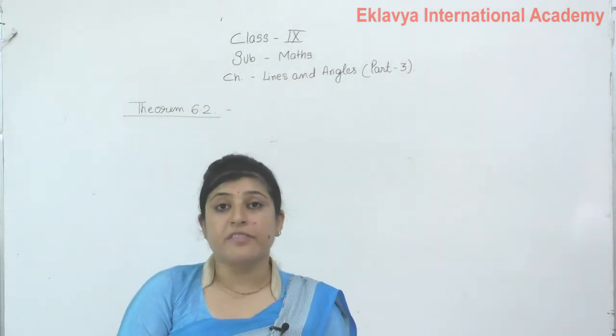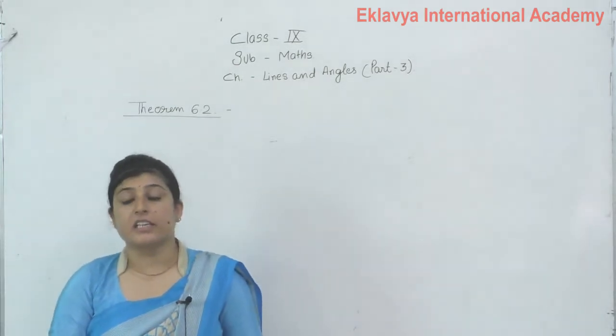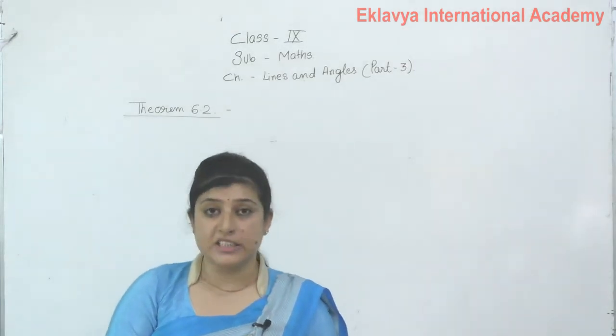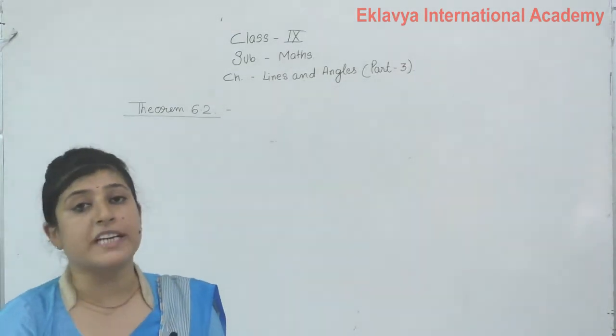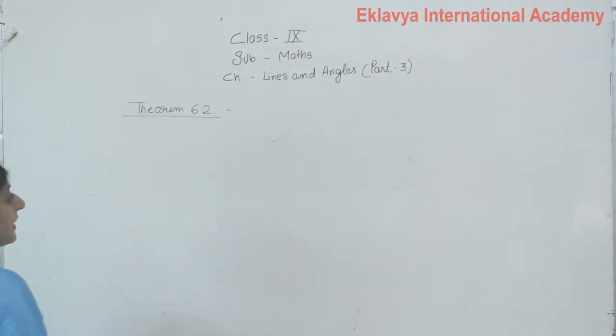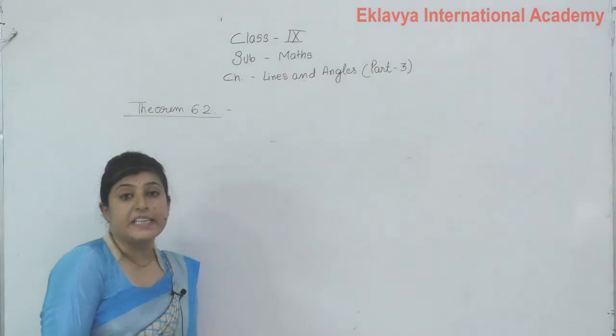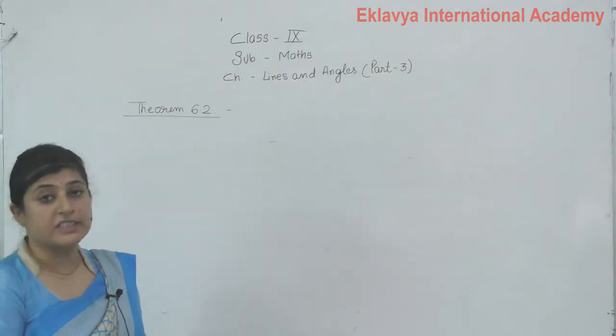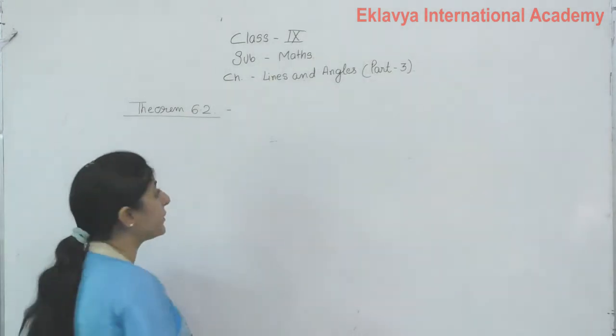In theorem 6.1 we discussed the vertical opposite angles: if two lines intersect each other, then their vertical opposite angles are equal. Now we do the second theorem, the alternate interior angle theorem. What is the statement of theorem 6.2?